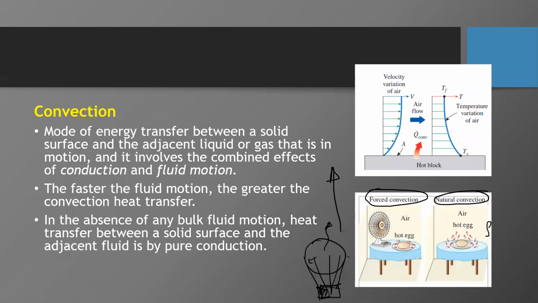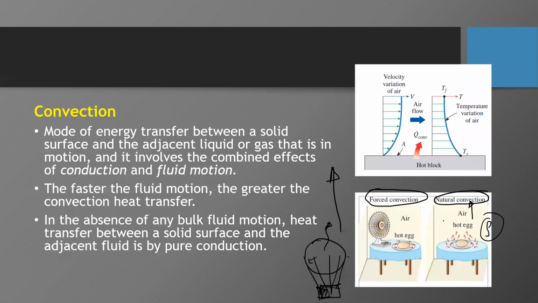The air molecules near the hot egg will receive energy from the egg, and the energy of the air will increase. Because the energy increases, the temperature will increase. When the temperature increases, the specific volume will increase, right? The volume will increase, the density will decrease, and they will tend to move upwards.